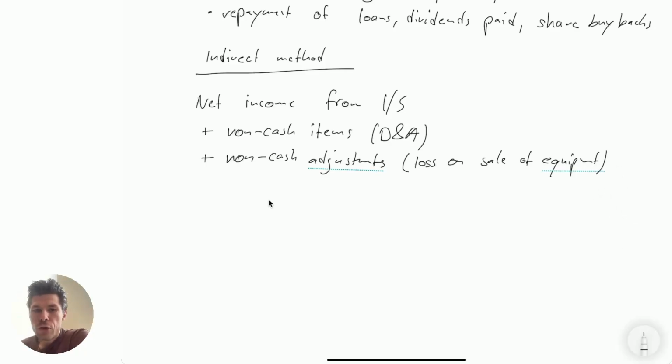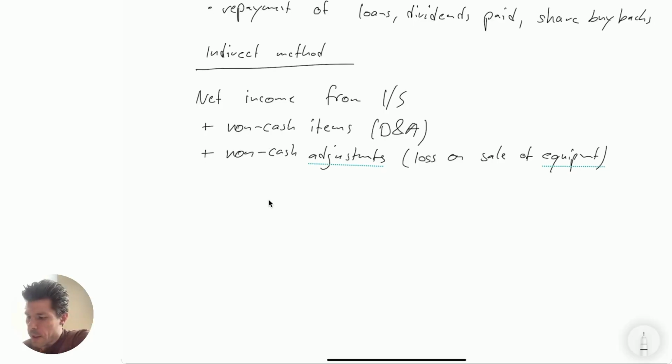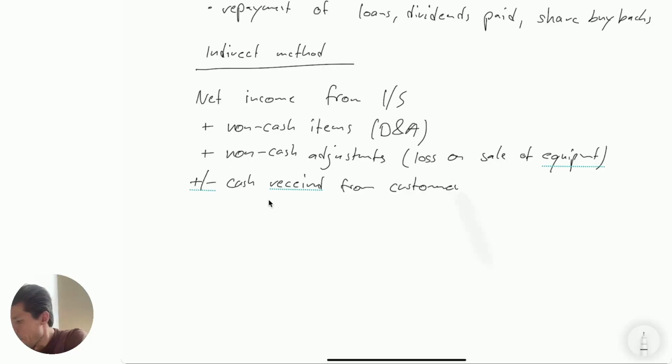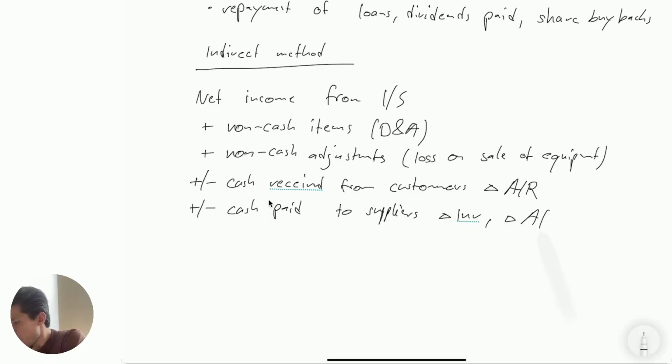Because what you need to do is translate your net income, which is an accrual accounting item, into a kind of cash accounting item. And then you plus or minus, depending on the amount, cash received from customers, and this is change in accounts receivable, and then plus or minus cash paid to suppliers, and this is change in inventory and change in accounts payable. As you can see, this is normally our net working capital section. And D&A, and then that basically equals your CFO.